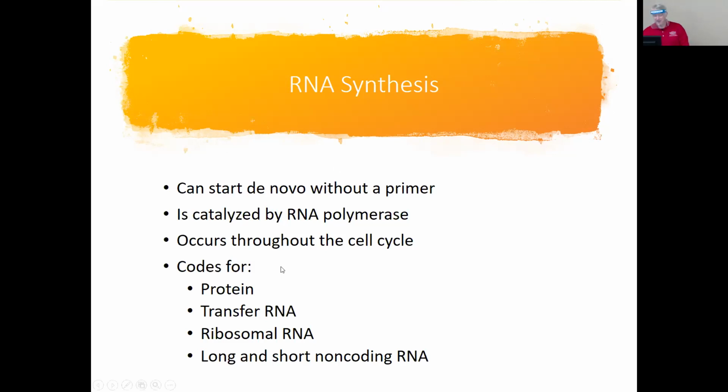So RNA codes for proteins, and we kind of know that. Well, hopefully we know that. We know that, from the cell biology part of the nucleus, we know the DNA is in the nucleus, right?